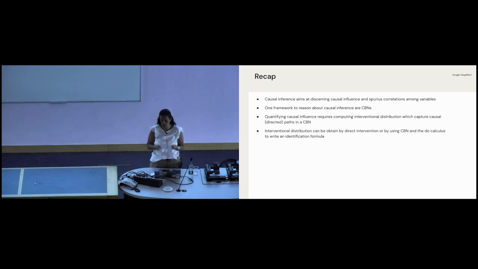Quantifying causal influence requires computing this interventional distribution, which captures the causal directed paths in a CBN. An interventional distribution can be obtained either by direct intervention or by using the graph and the do calculus to write an identification formula. This is all you need for us to speak about causal decision making.